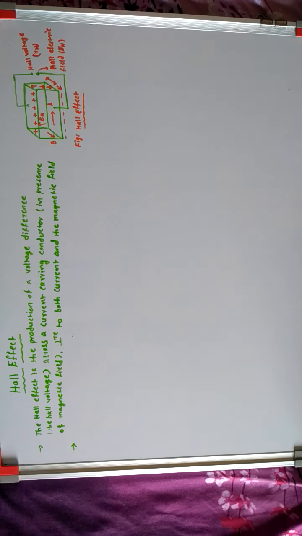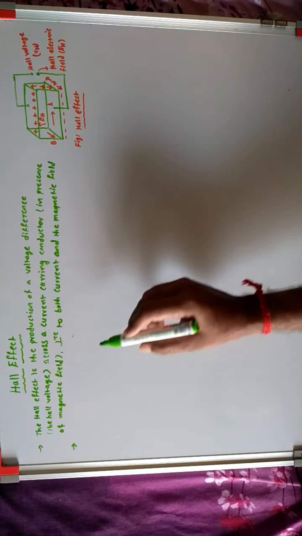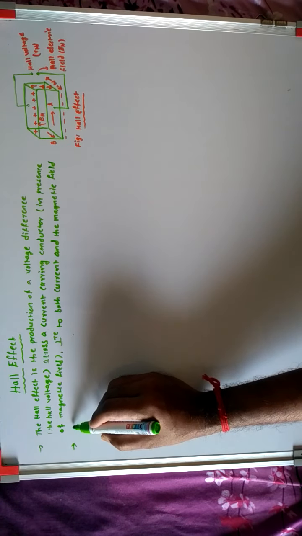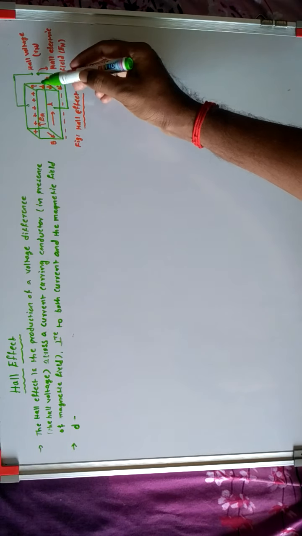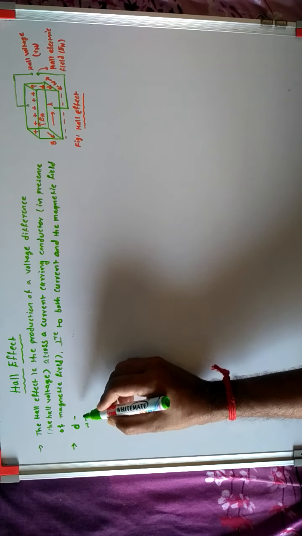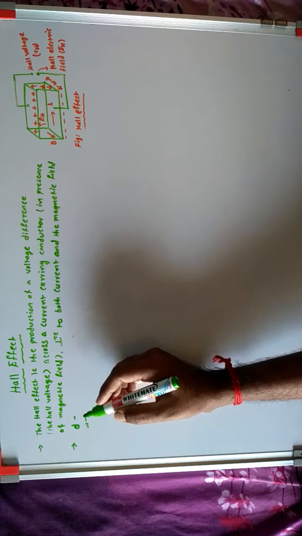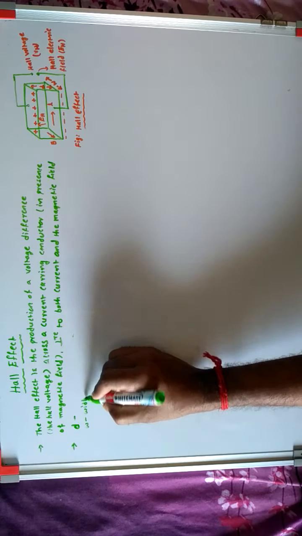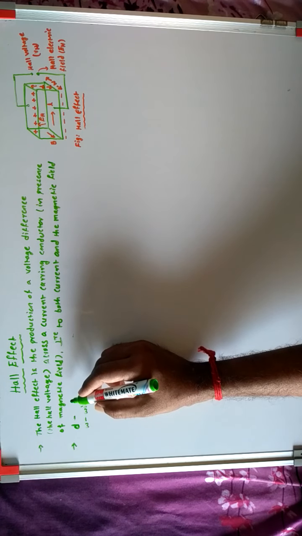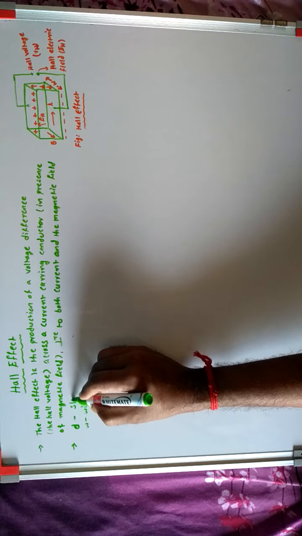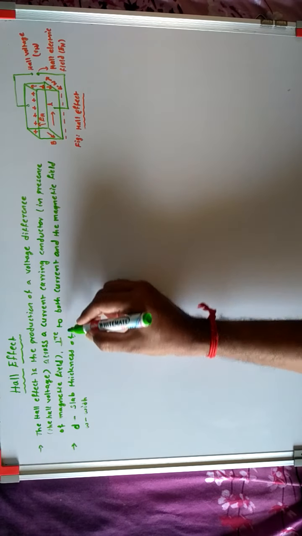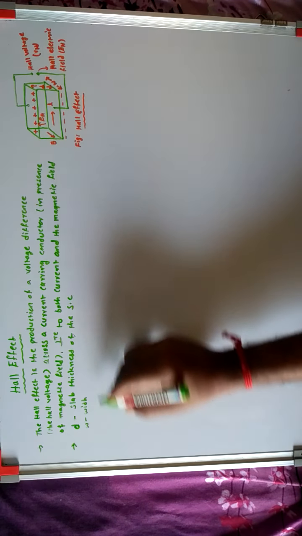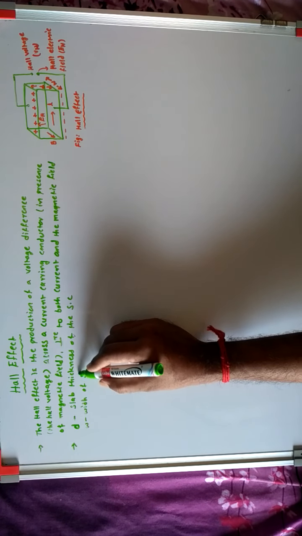As shown in the figure, consider a semiconductor slab of thickness D and width W. D is the slab thickness and W is the width of the semiconductor slab.